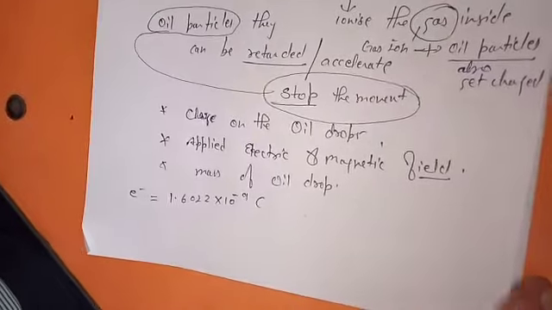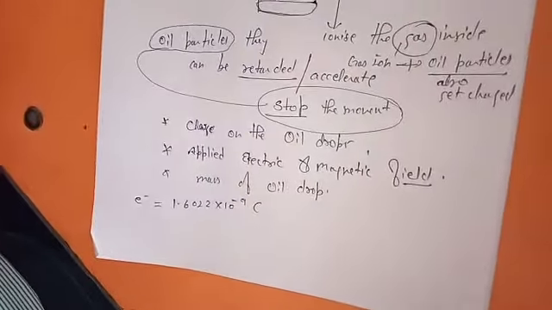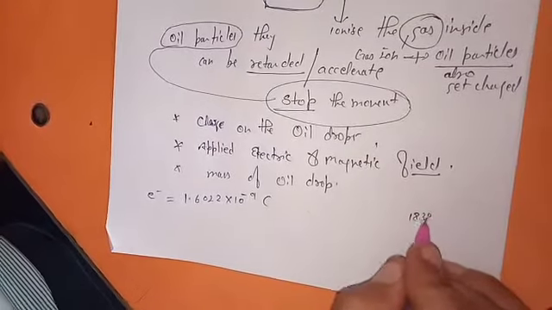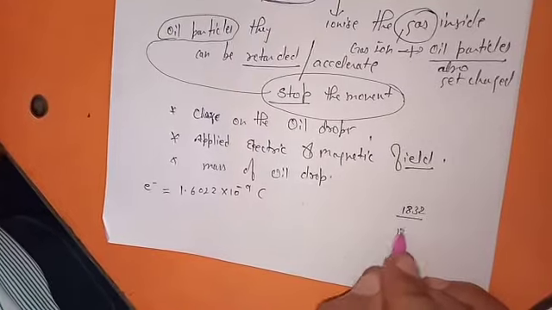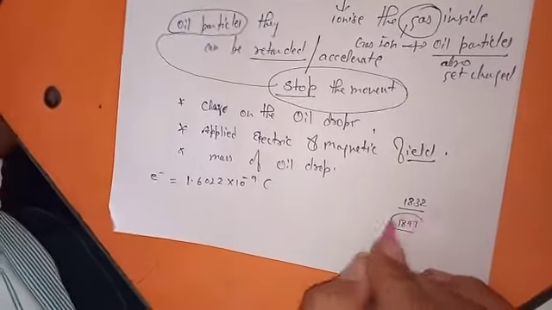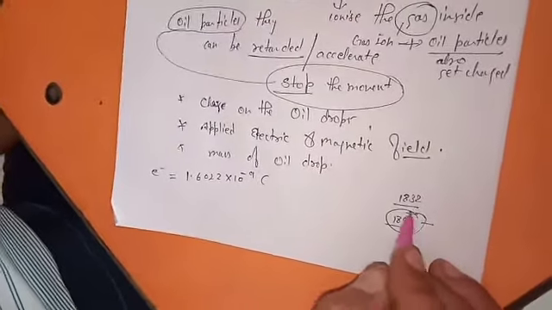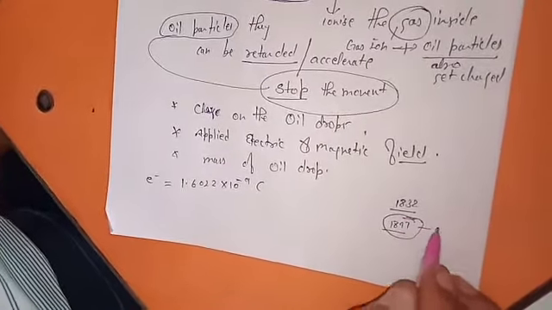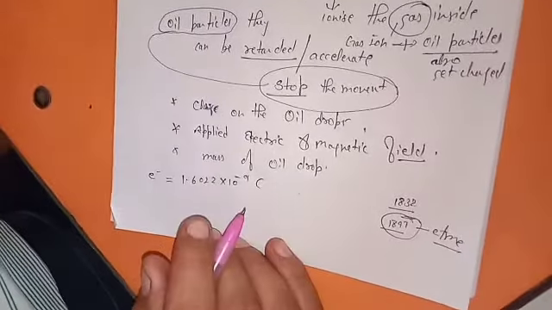Now you see that this whole process took almost a century. Around 1832 Faraday did the cathode ray experiment. In 1897 Thomson did the cathode ray discharge tube experiment and found the charge by mass ratio, e by m, of the electron.